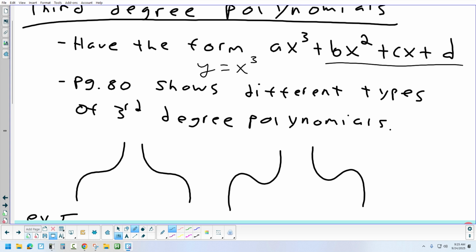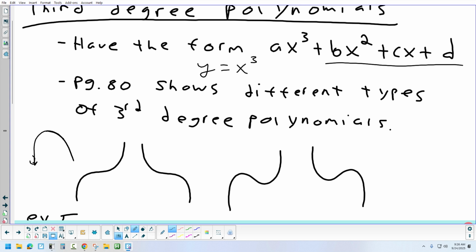But a cubic has to turn either 0 times or 2 times. It can't turn 1 time. Because if it turned 1 time, a cubic can't keep heading down. This would be heading down on the left, and if it never turned again, it would just keep heading down on the right.